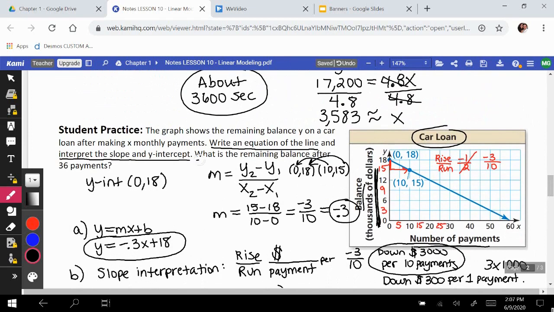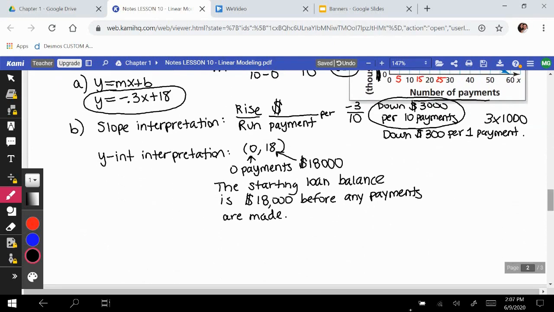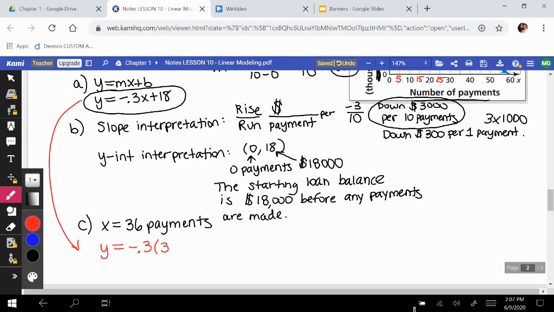The last part says, what is the remaining balance after 36 payments? So remember, x is number of payments. So after 36 payments are made, what's the remaining balance? Well, I'm going to use this formula that we came up with in part A. So we'll have y equals -0.3. I'm going to plug in 36 for x and simplify to figure out what my balance is.